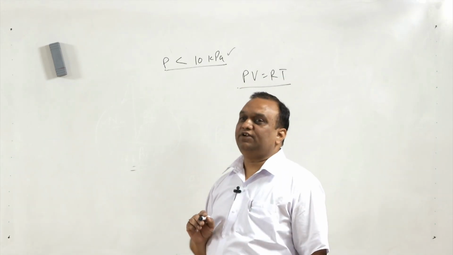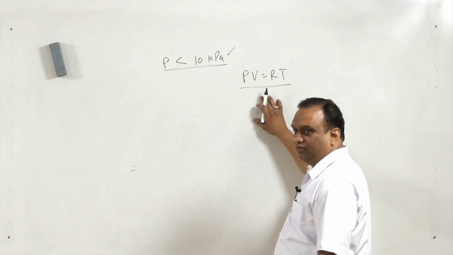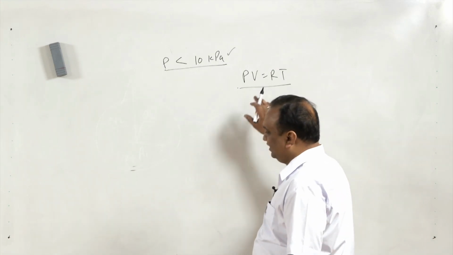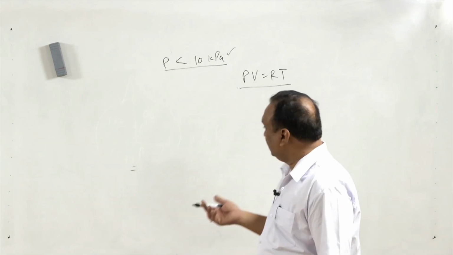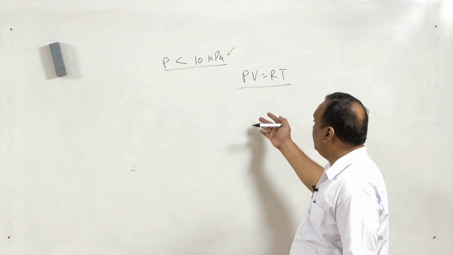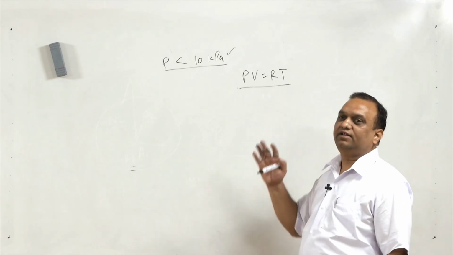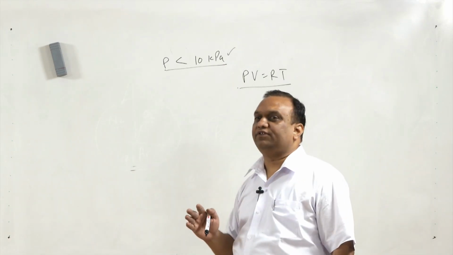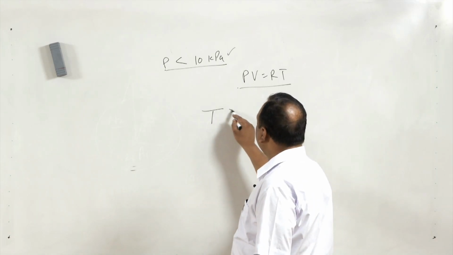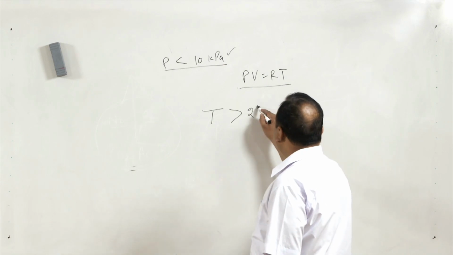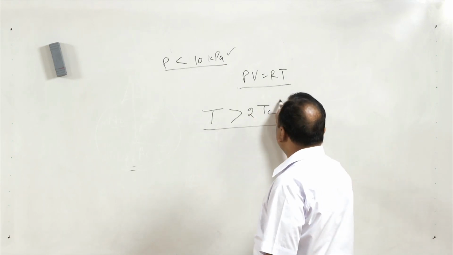But we do not use the same relation in the analysis of steam turbines, because there the pressure is high and the temperature is not so high that the vapor can be considered as a gas. When the temperature of any vapor is greater than 2 times the critical temperature, in that case it is also considered as a gas.